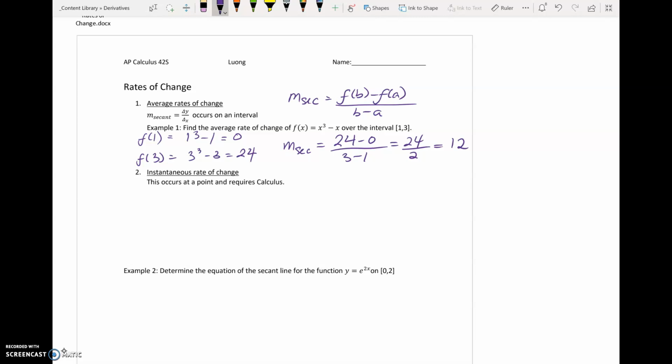The instantaneous rate of change occurs only at one point, and it requires calculus to help us find this instantaneous rate of change. So I'm just going to draw a picture to begin with so we can actually visualize what's going on here and the difference between the two.